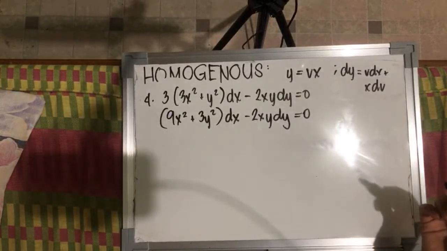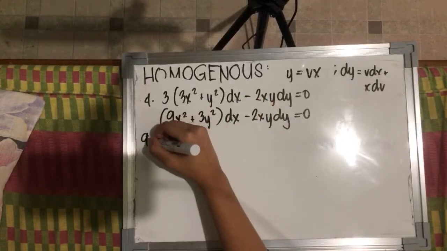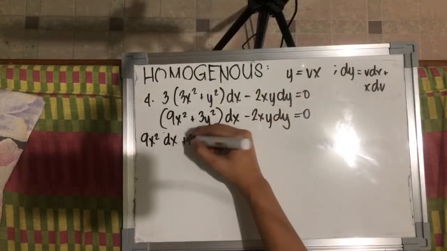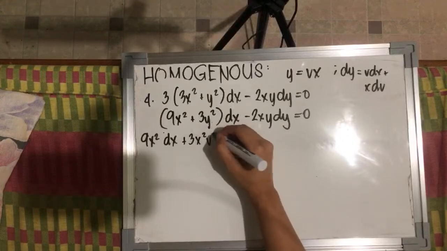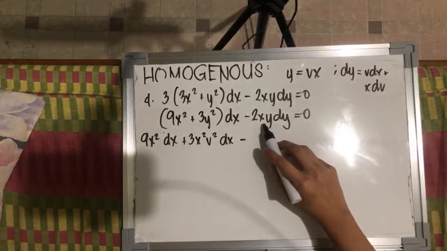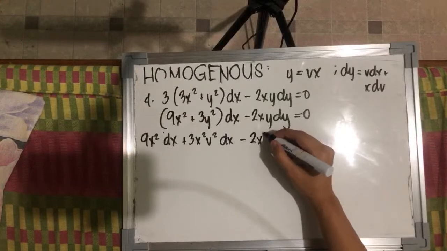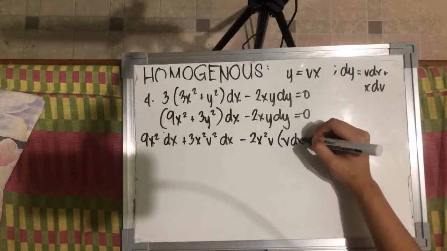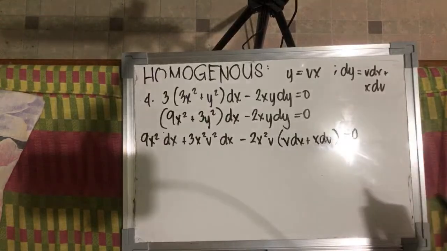Yan, pwede mo na i-substitute yung y is equal to vx. So, 9x squared dx plus 3y squared, so magiging x squared v squared dx minus 2x times vx, magiging 2x squared v dy is v dx plus x dv is equal to 0.